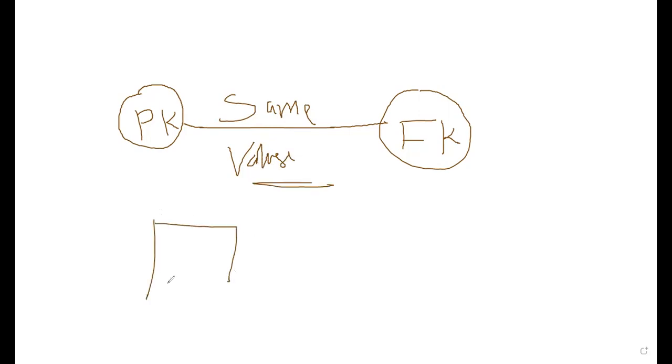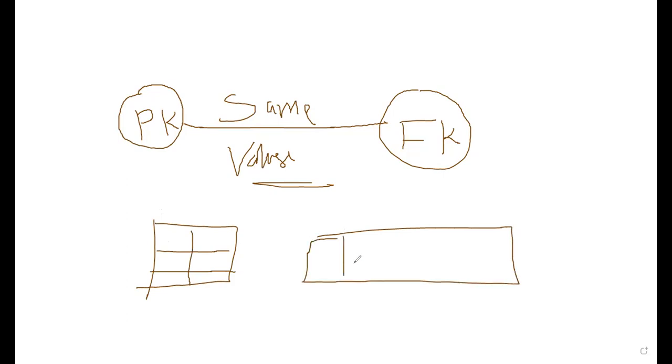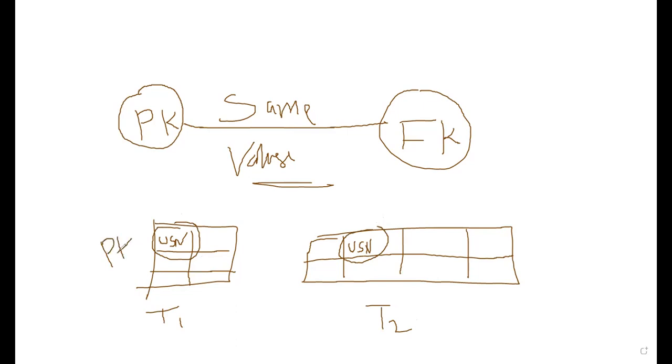Understand what I'm saying? If you have two tables, table 1 and table 2, with the same key, USN here is a primary key, and here also USN is there as a foreign key, because it is the same attribute.